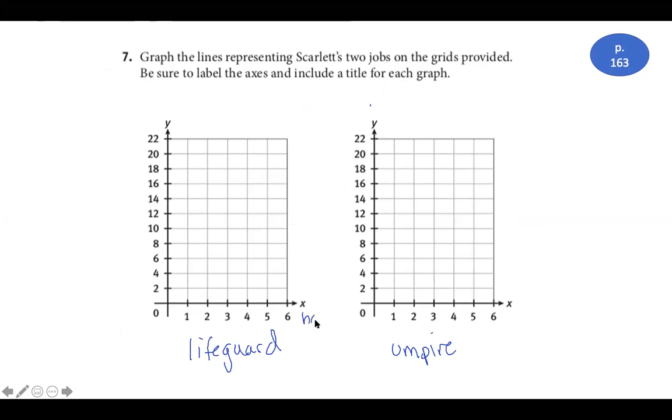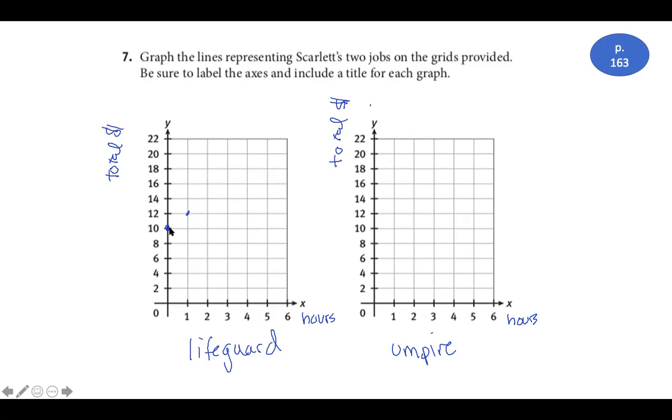So this is hours and this is total money. This is also hours and total money.